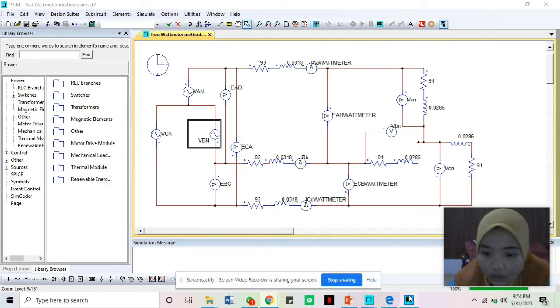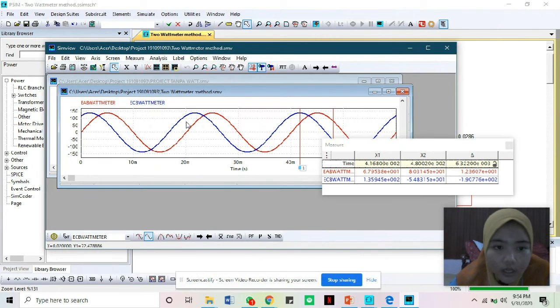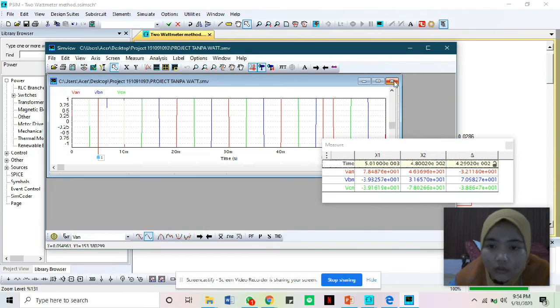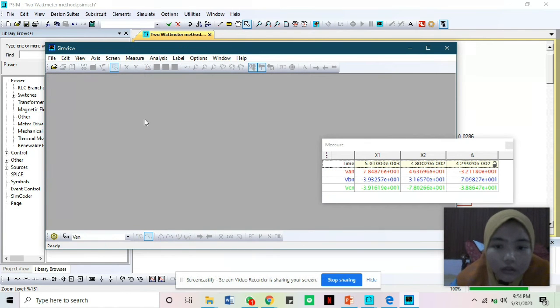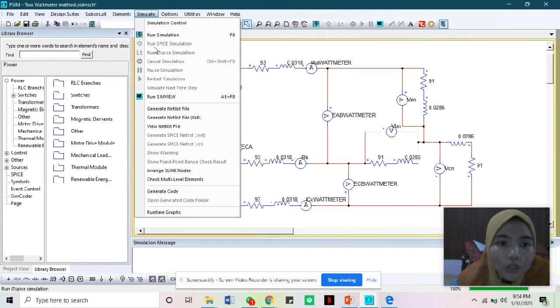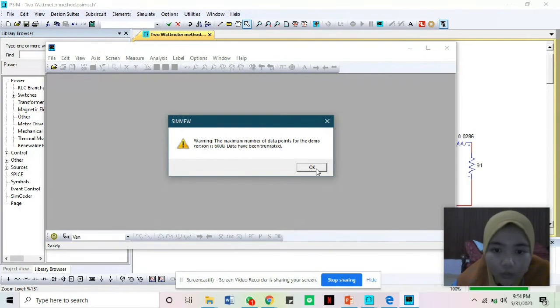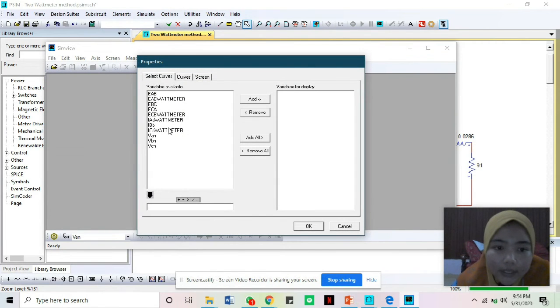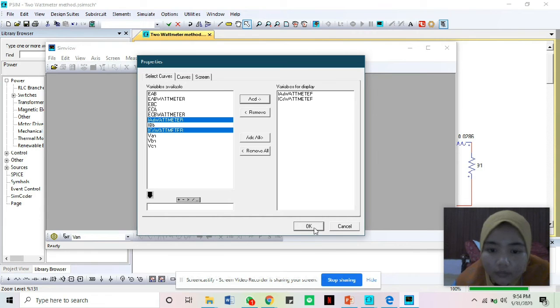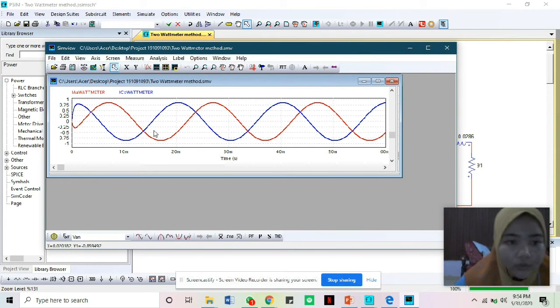Wait, we will run the simulation, and then we will add the IAA wattmeter and ICC wattmeter. So we will get this graph, and then we will calculate.